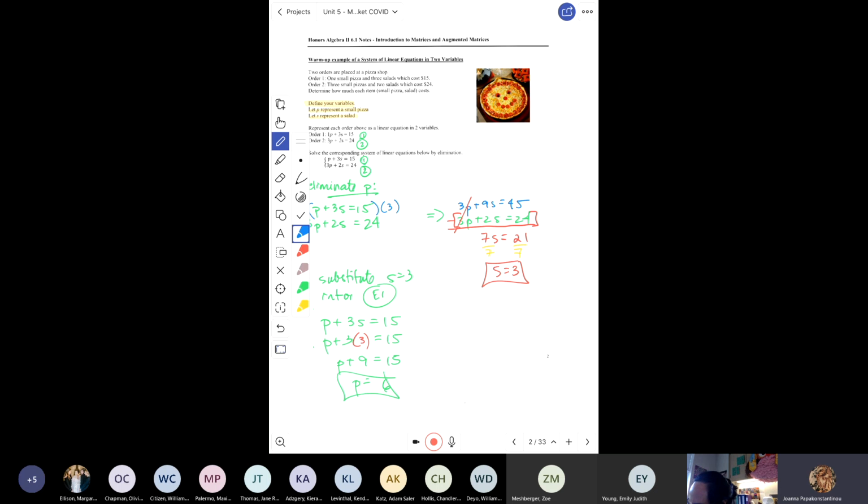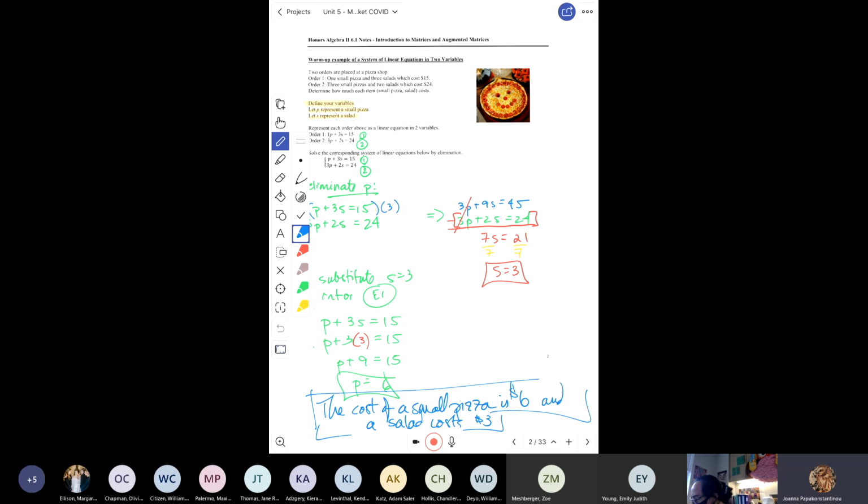And so how would I write the solution to this system? The cost of a small pizza is $6 and a salad costs $3. So you'd have to write your solution as a sentence explicitly answering the question.